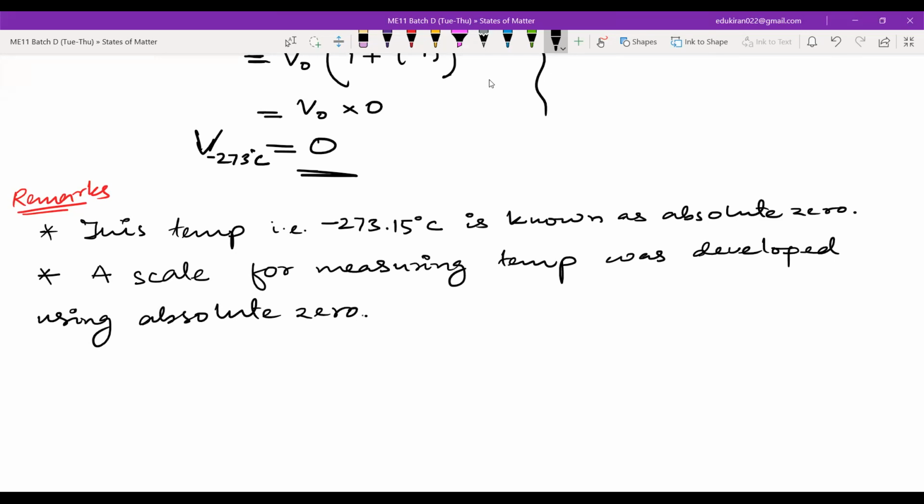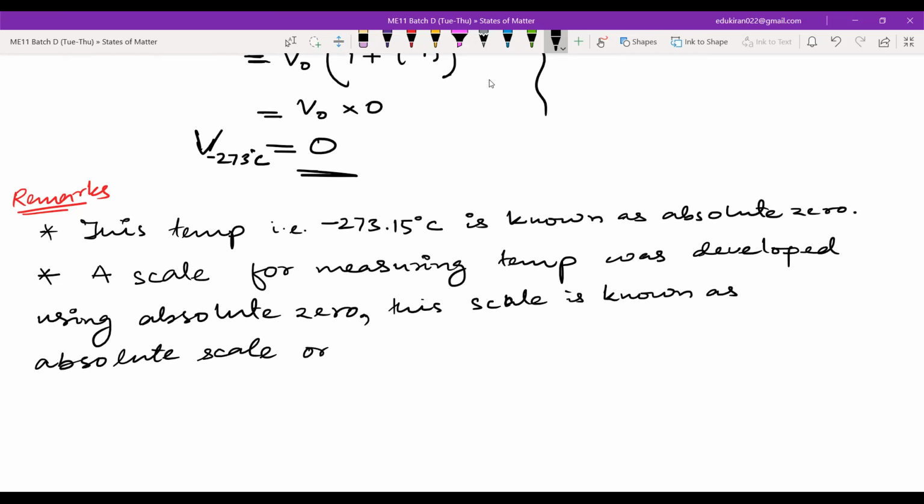This scale is known as absolute scale or Kelvin scale.